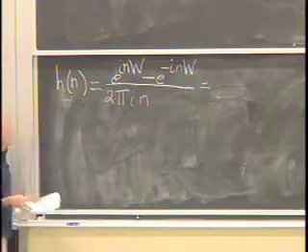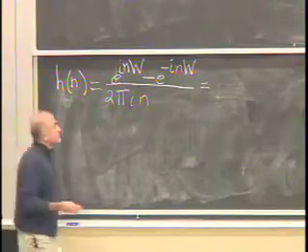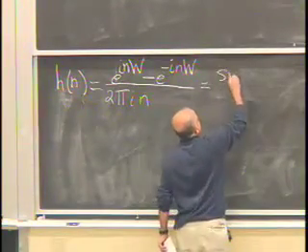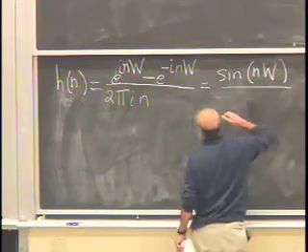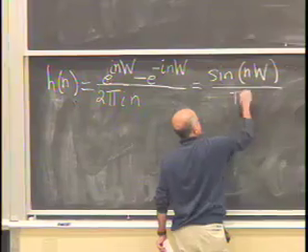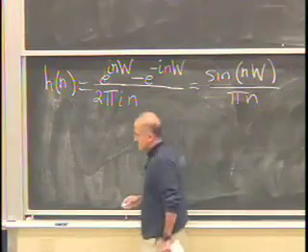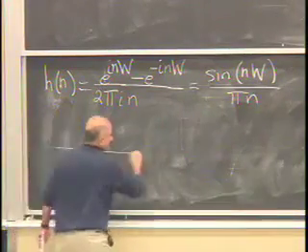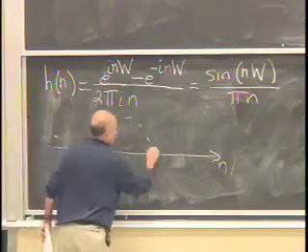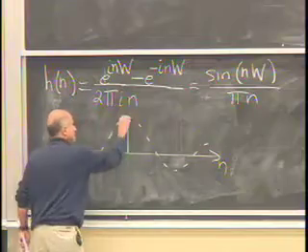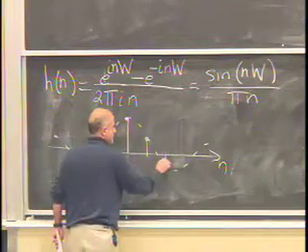And can I simplify that? Sine of what? N w over pi n. And what kind of a function is that? It's a sinc-like function. So it's going to be like that. And it's going to have its spikes.